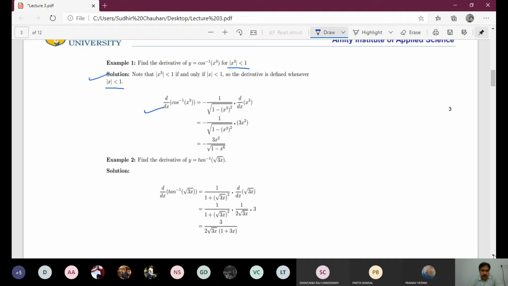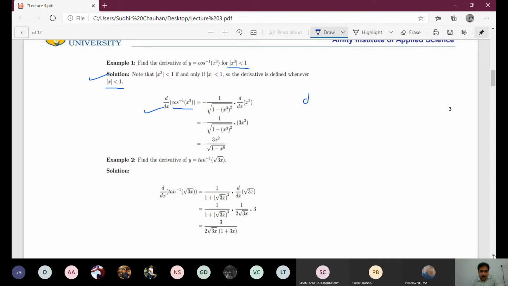So d by dx of cos inverse x cube. First we'll apply the formula for cos inverse, and then we'll multiply by the differential coefficient of x cube. Differential of cos inverse x is minus 1 upon under root 1 minus x square.